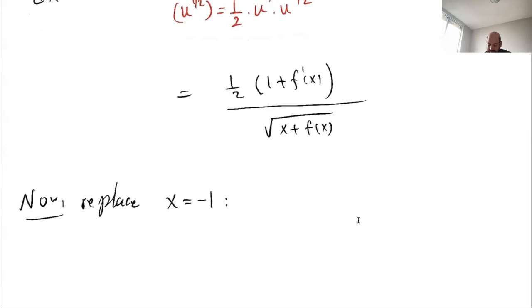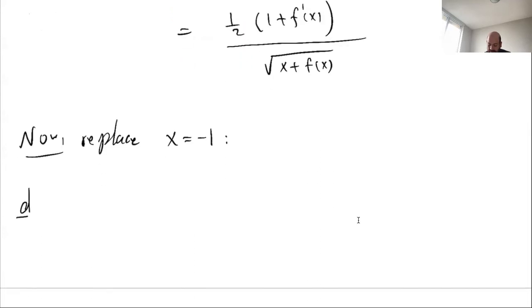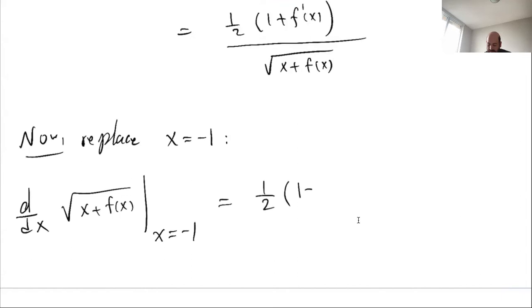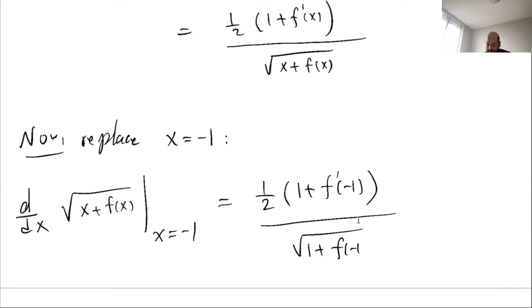What do we get? d/dx of the square root of x plus f of x at x equals -1 is equal to 1/2 times 1 plus f prime of -1, divided by root of 1 plus f of -1.